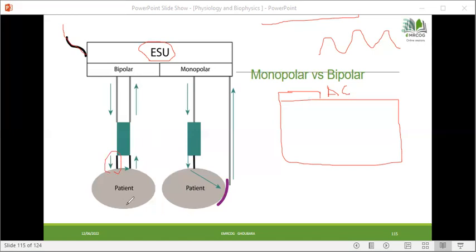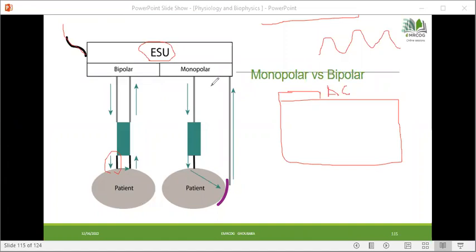Is the patient a part of this electrical circuit? No, he is not.